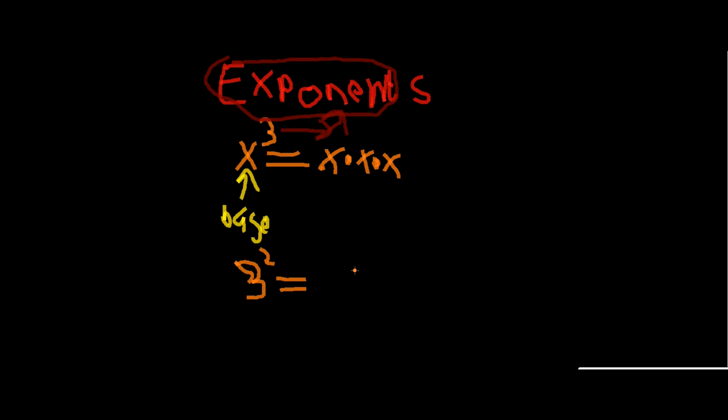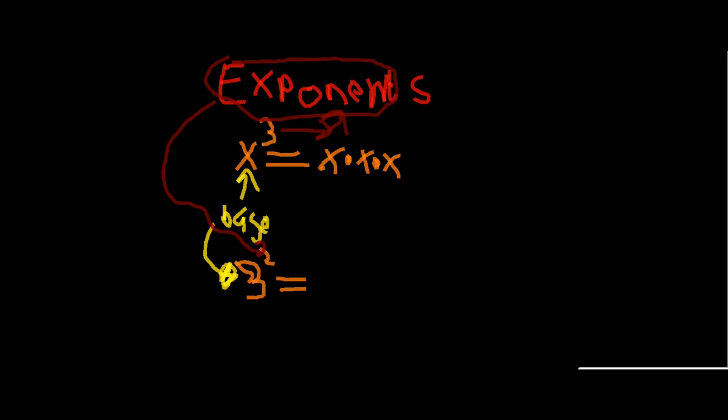Instead, let me appropriately label these. That 3 is a base, just like that x was. And this 2 is an exponent. So the exponent is 2 and the base is 3.